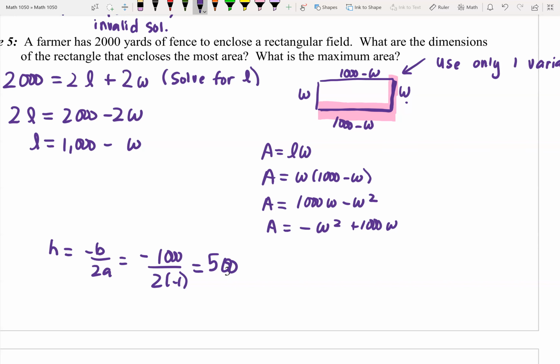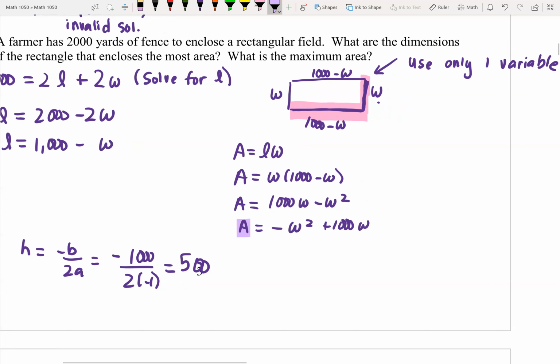What does that stand for? Well, that's the x-coordinate of the vertex, right? Look at the equation. What does the x-coordinate of the vertex in that equation I just highlighted stand for? The width, okay? So this is the width. You need to know the first thing you always find, the x-coordinate is always the width on these things.